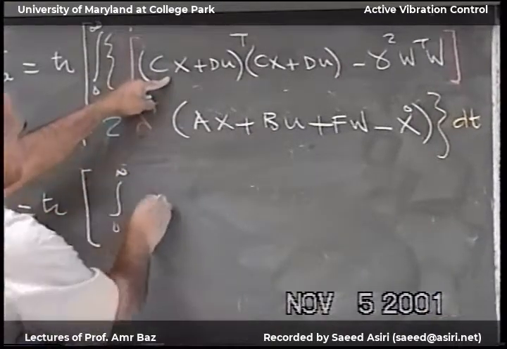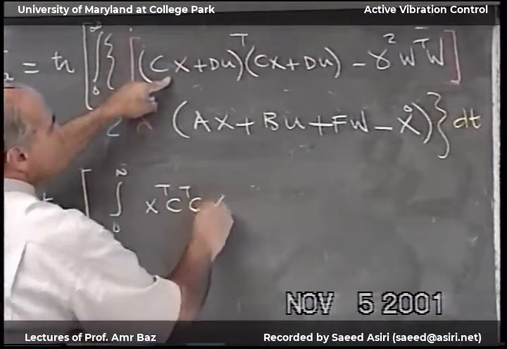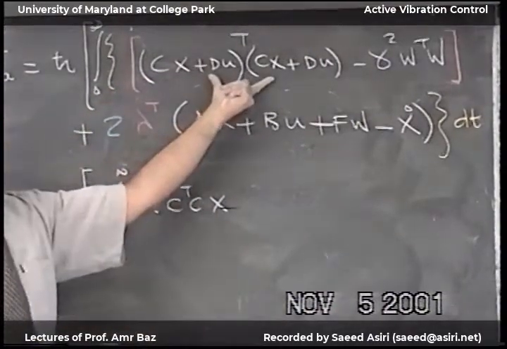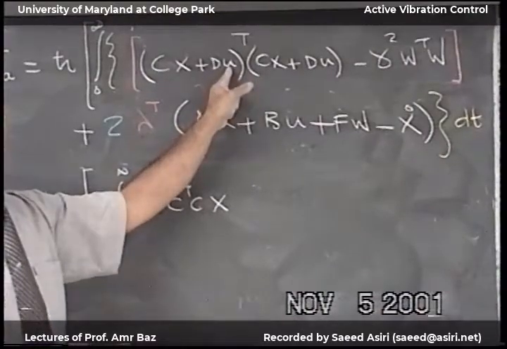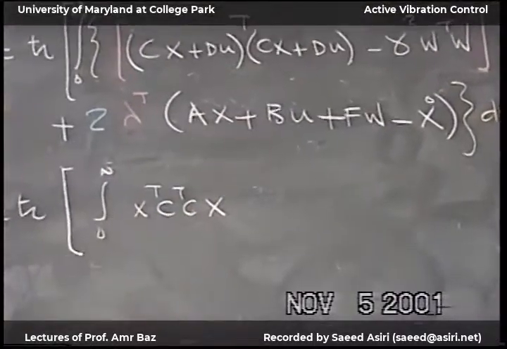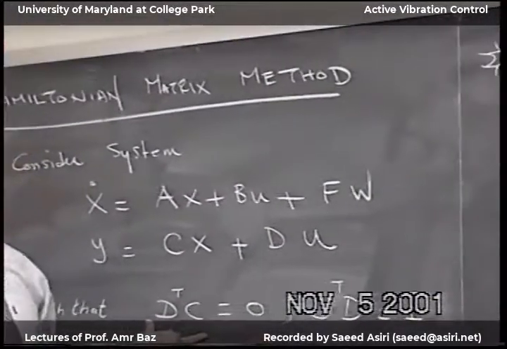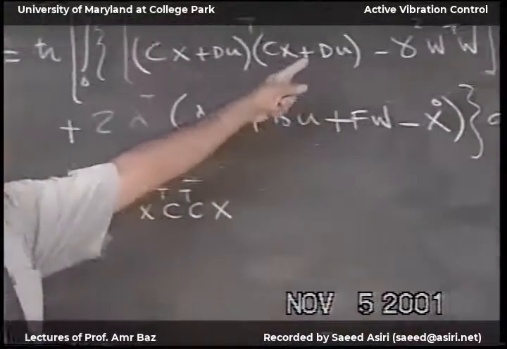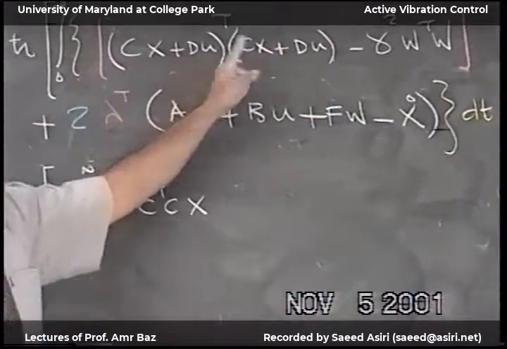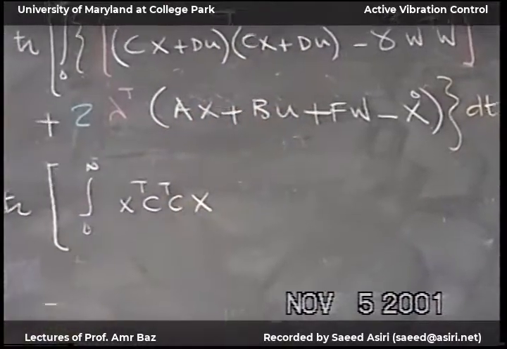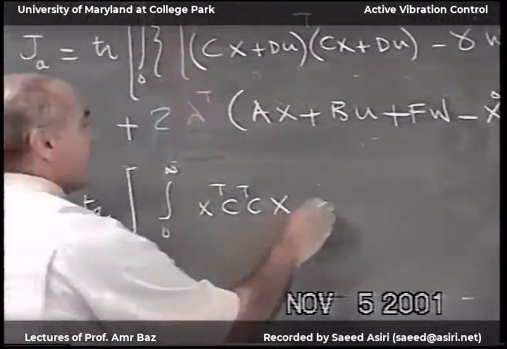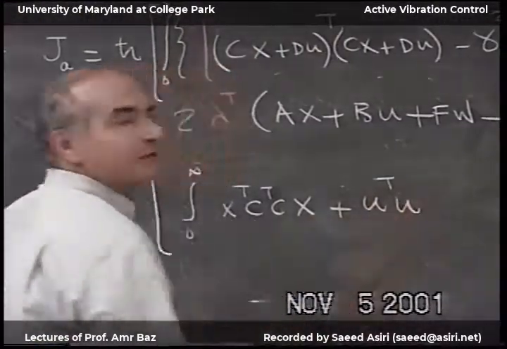Now let's just expand the first term. The first term becomes x transpose C transpose C x. Now I'll multiply these two terms together. Okay, so I have u transpose D transpose times Cx. D transpose times C drops out. Now D u transpose, D transpose times D u, D transpose times D is identity, so this will be u transpose u.